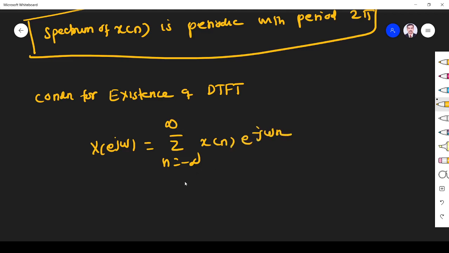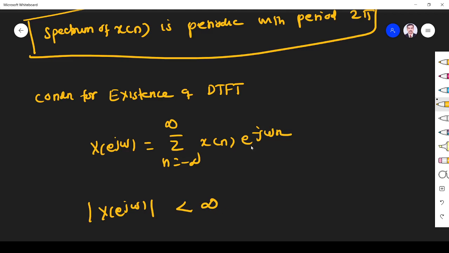I want DTFT to exist. That means it must have a finite value. So I take the modulus. The left side, mod x of e power j omega, must be less than infinity. Then only DTFT exists. That is, the spectrum is finite, not infinite. So this is the condition for existence.